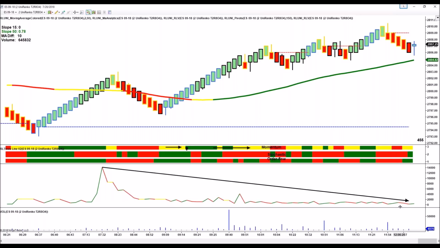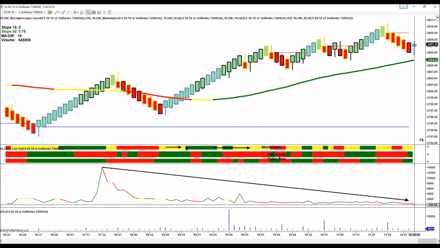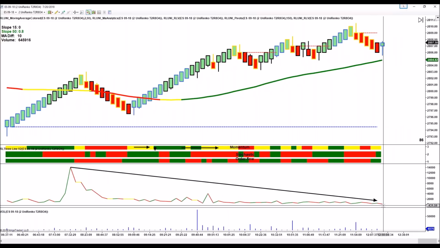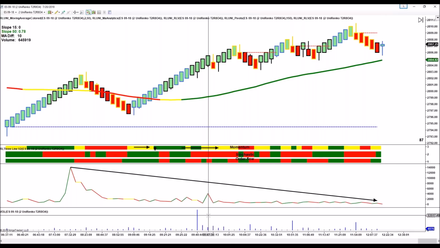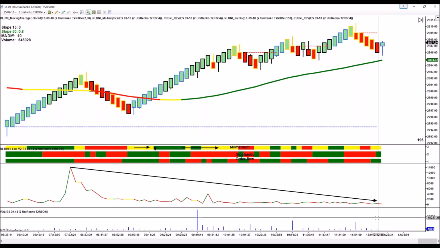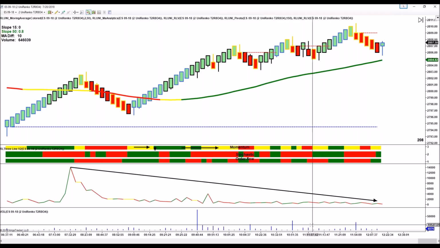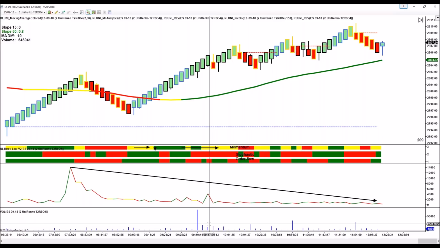And if you look at the E-mini right now, you can see that it's not a market you want to trade, because it's dead. Now, there was a small volume spike here, and this is 28 minutes ago.